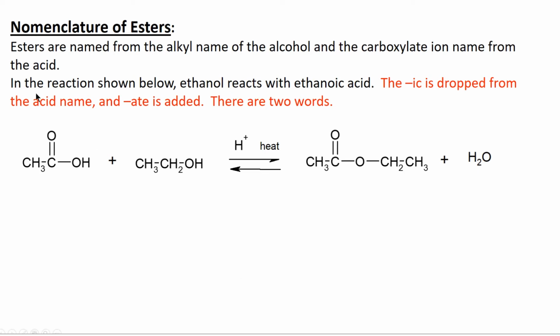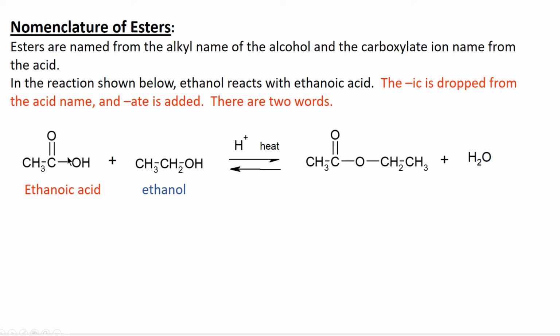So if you take a look here, here's our carboxylic acid, two carbons, ethanoic acid. Here we have our alcohol, two carbons, ethanol. So the carboxylic acid came together with the alcohol portion and formed water.